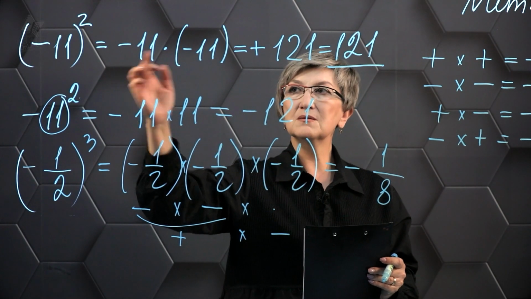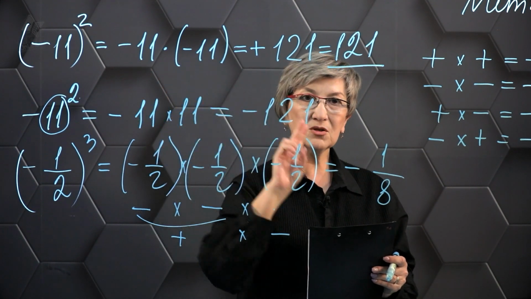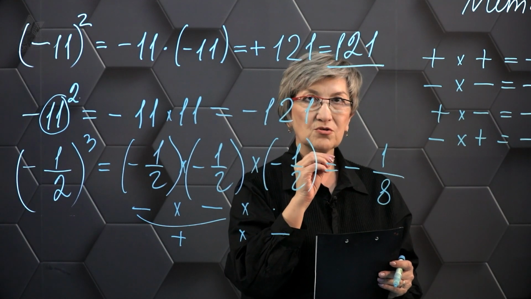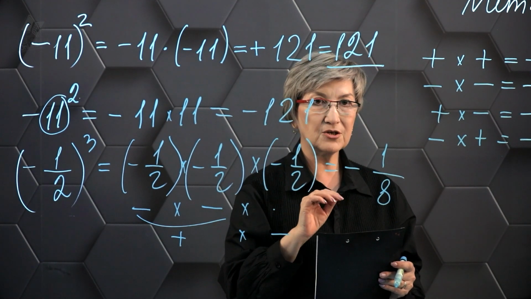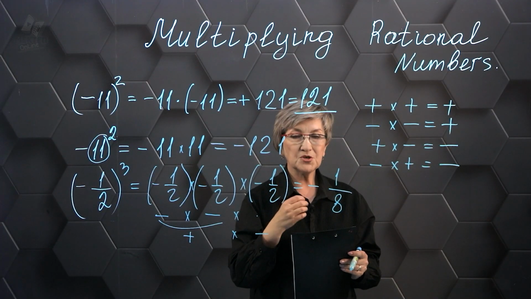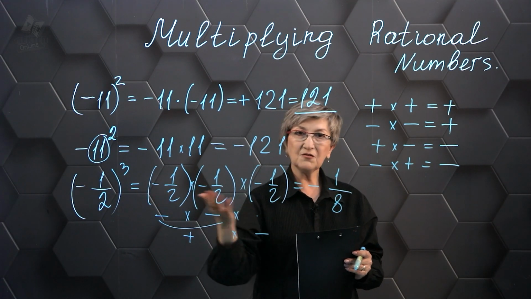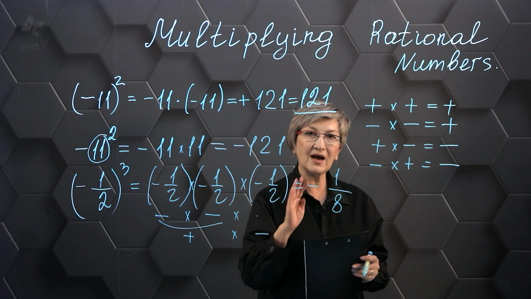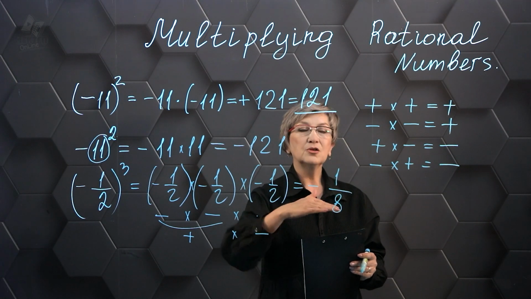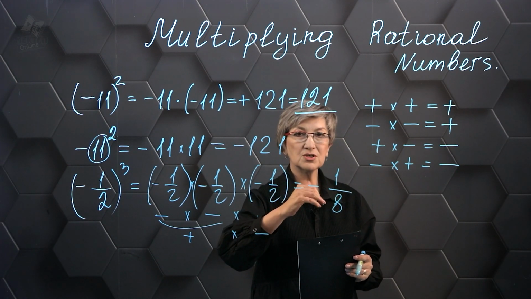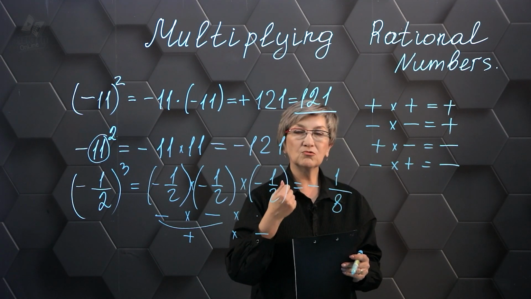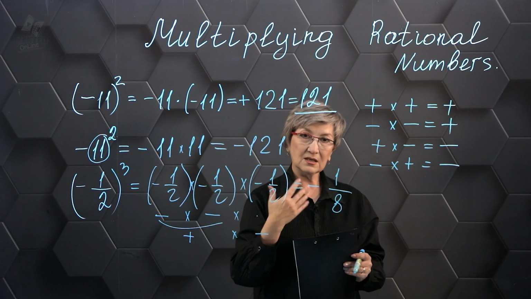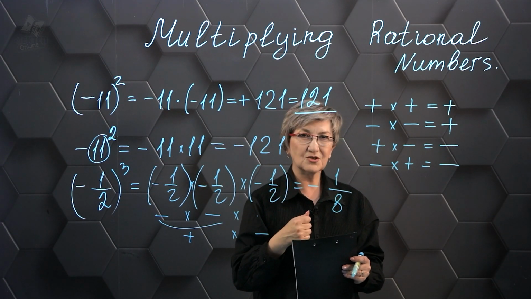If we find 2 minuses or 4 minus signs, then the result is a positive number. In summary, if there is an odd count of negative numbers in the product, then the result will show a minus sign. If we have an even count of minus signs, then we will get a positive number.